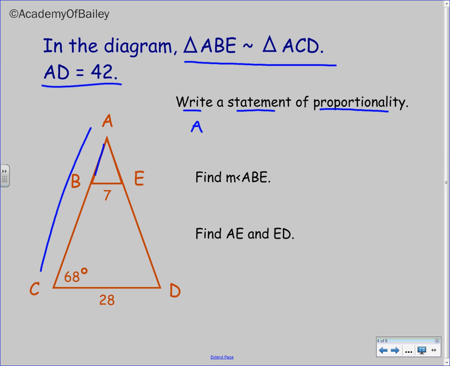So if we're going to say AB over AC, and then let's look at AE over that whole side. AE is the right side of the small triangle, and AD is the right side of the large triangle.